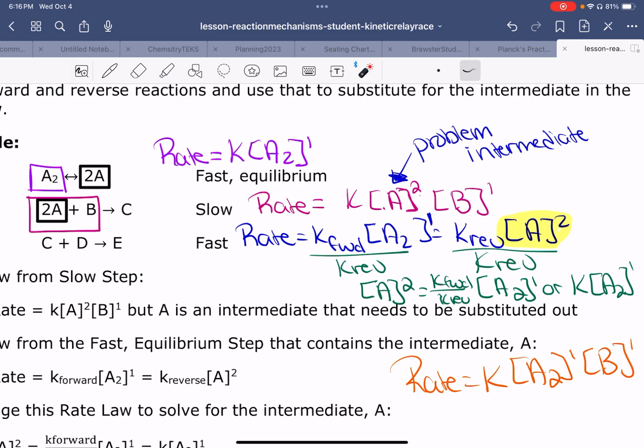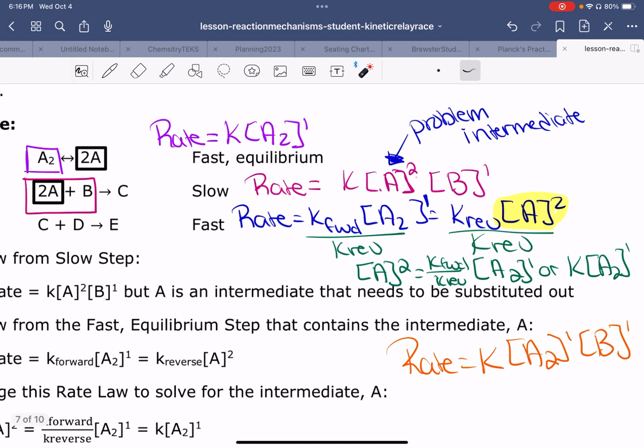So my rate of the forward reaction, which is K forward times A2 raised to the first, is equal to K reverse, the reverse reaction, times A squared. Then I'm going to use my algebra. I want the A2 because I need to replace the A2.